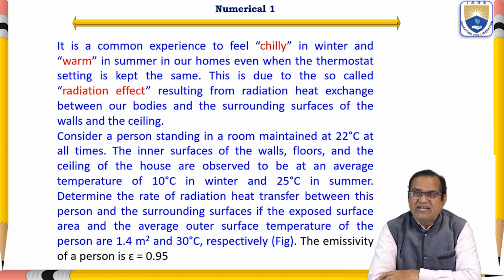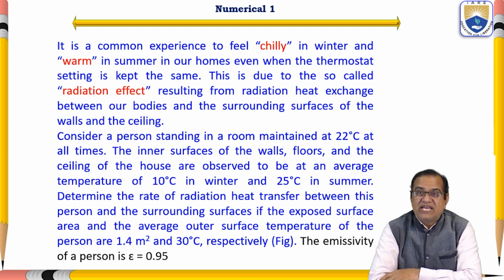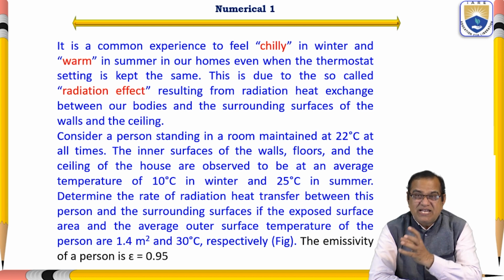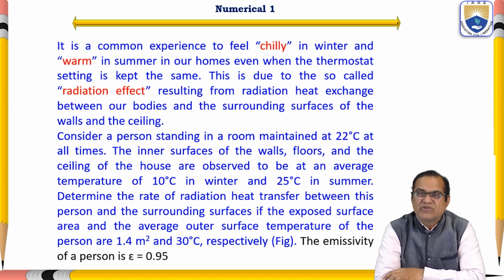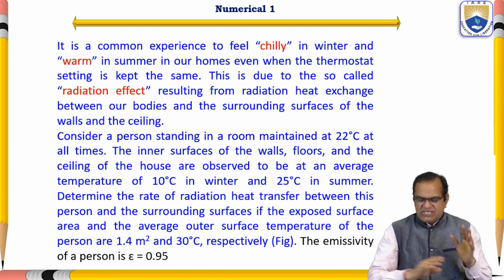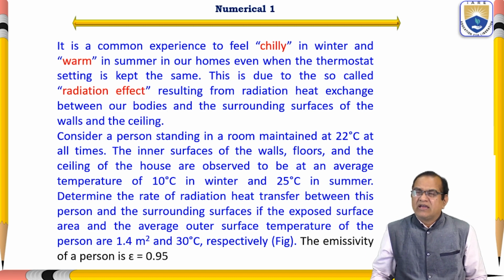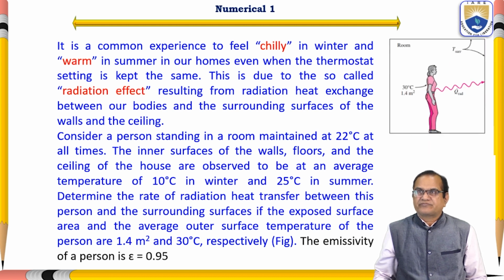So determine the rate of radiation heat transfer between this person and the surrounding surfaces, if the exposed surface area and the average outer surface temperature of the person, the man who is standing, is 1.5 meter square and 30 degrees centigrade respectively. So these are the parameters which are given for our problem.